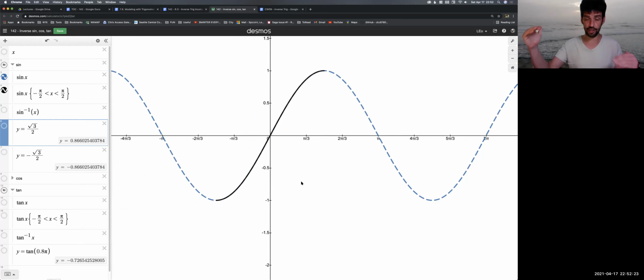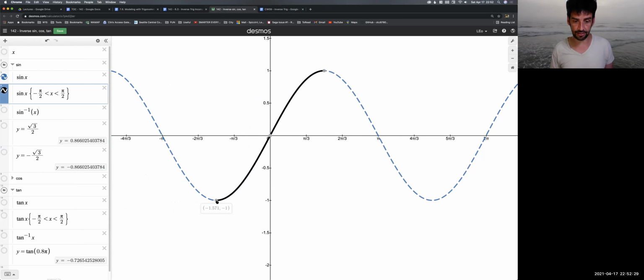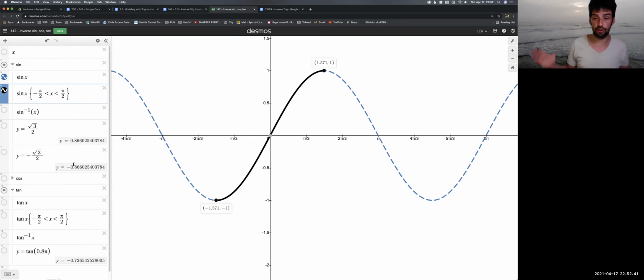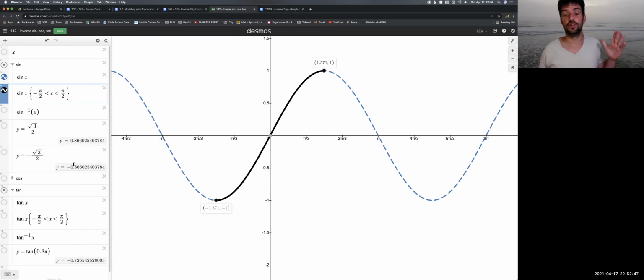Notice in both cases, we're choosing something where we go all the way from the top to the bottom or from the bottom to the top, so we can get every possible value of sine. Remember, sine's always between -1 and 1. Here we're at -1 when we're at negative pi/2 up to 1 at pi/2. So inverse sine or arc sine only looks for angles between negative pi/2 and pi/2.